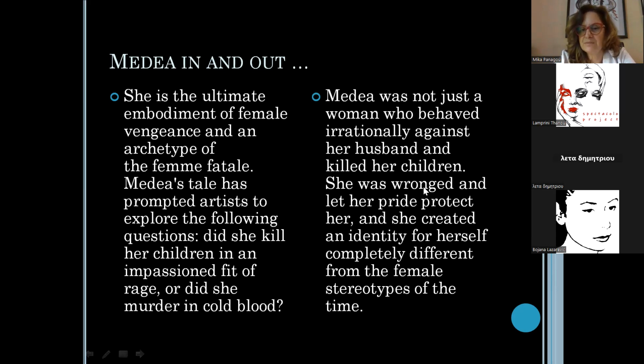She was wronged and let her pride protect her, and she created an identity for herself completely different from the female stereotypes of the time. It's very difficult to think of Medea as a woman in her times. We were not there, we don't know, but it's very difficult to actually imagine something like that. But if you made a sketch about her, she's alone and everybody else is on the other side.